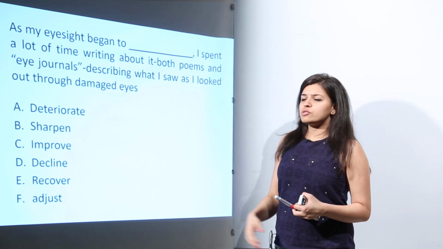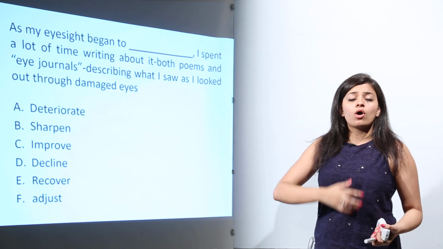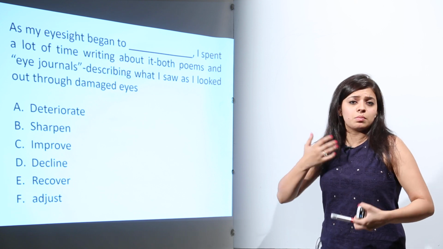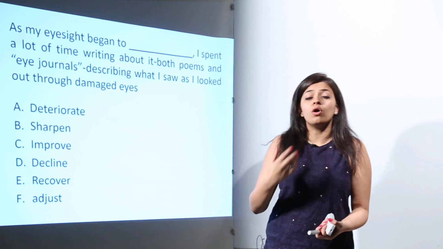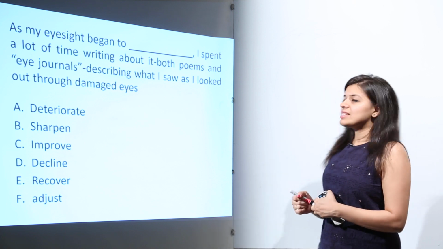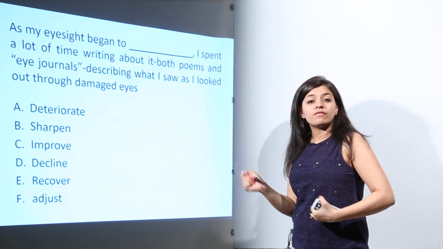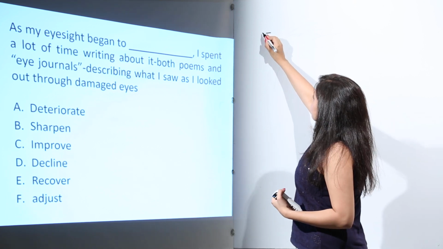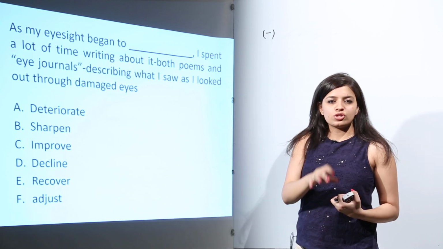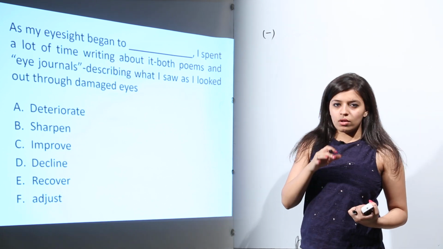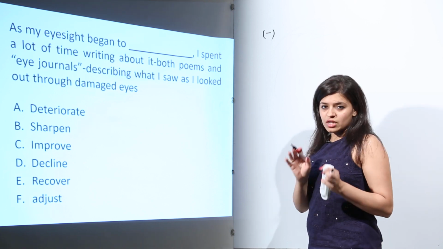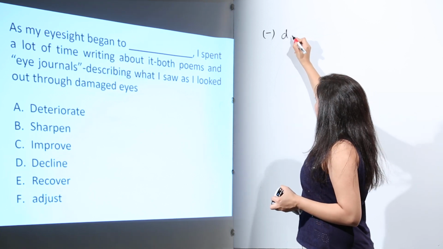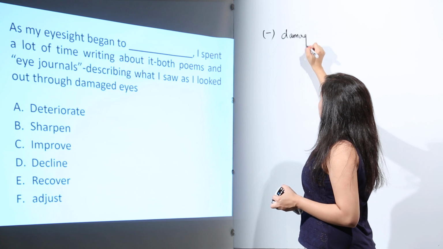So, the author spent a lot of time writing about how he felt as his eyes were being damaged and what all he saw through his damaging eyes. So, we can say that the blank will have a negative connotation. Once you understand the connotation of the blank, you can easily cross out words and reach the correct word. So, the keyword that we have is damaged eyes.